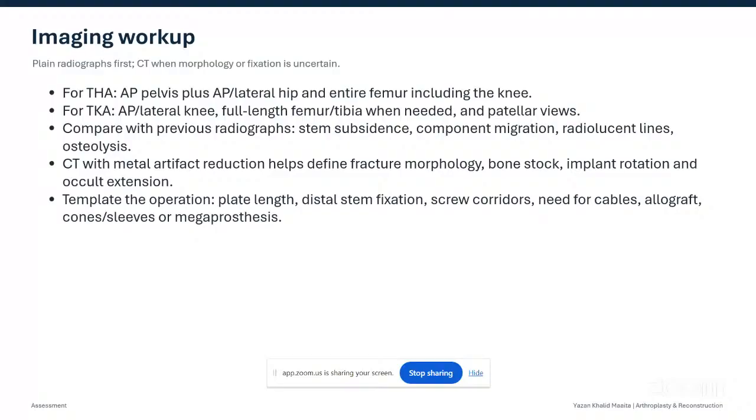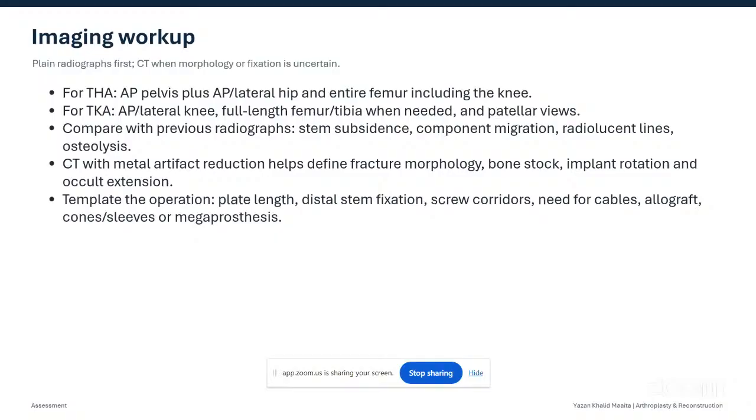Always try to compare with the previous radiographs. Stem subsidence, component migration, radiolucent lines, or osteolysis could be a hint that there is an infection. CT scan with metal artifact reduction helps define the fracture morphology, bone stock, implant rotation, and occult extension.